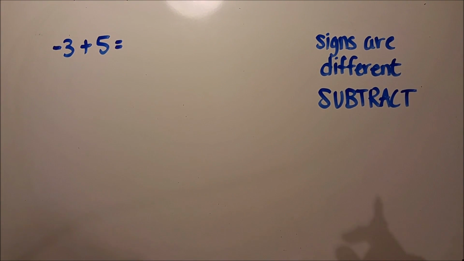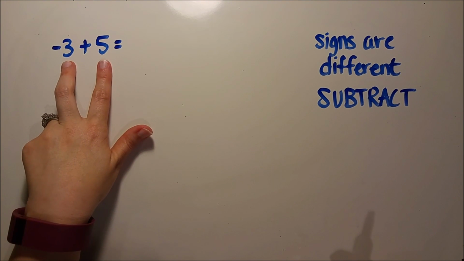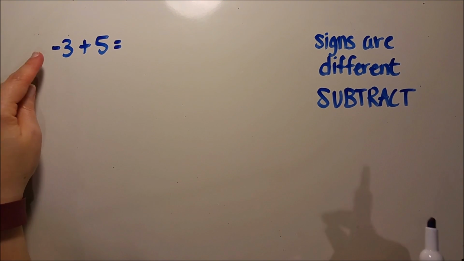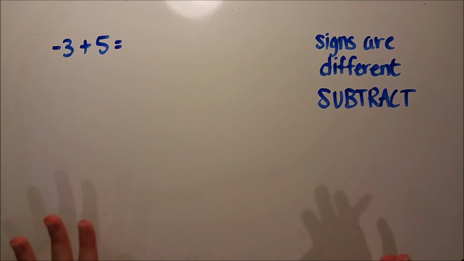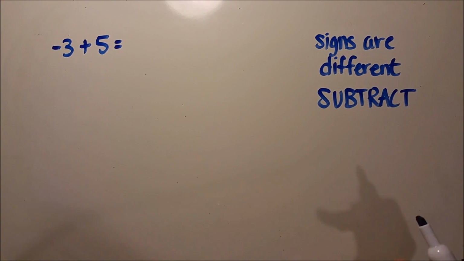Okay, so -3 plus 5, we subtract. So when we subtract, we always use the biggest one first and take away the smaller one. So again, we're going to ignore the signs for a minute. So let's think, what's 5 minus 3? What is the difference of 5 and 3?